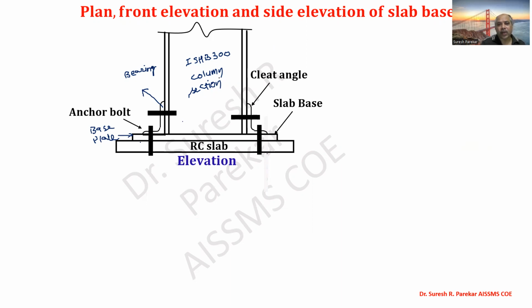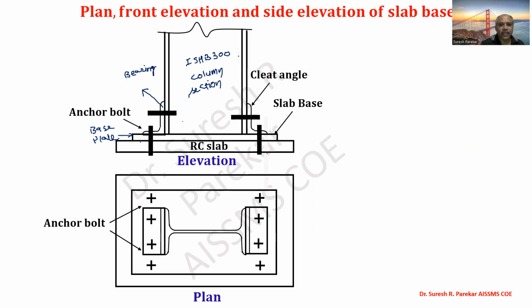Now in oral they may say draw slab base, plan, front elevation and side elevation. So we should be in a position to draw this. If we go below, you can see this is your base plate, this is your concrete portion actually.